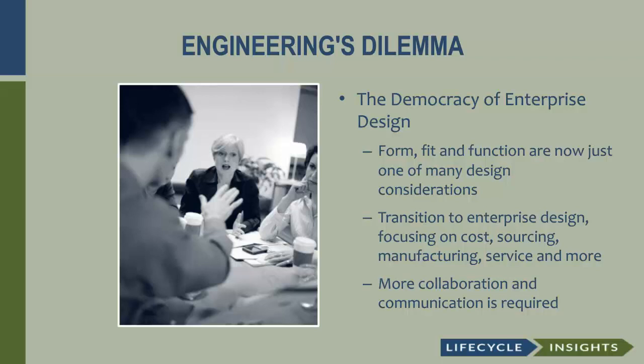You got to look at cost, obviously. You got to look at how it's going to be manufactured, and sometimes you get help from a manufacturing engineer with that. But it's extending more and more downstream.